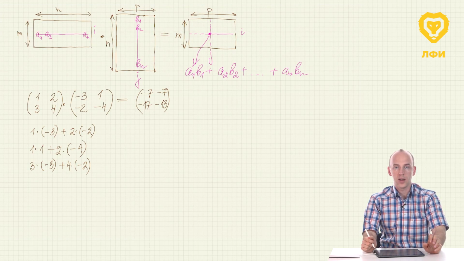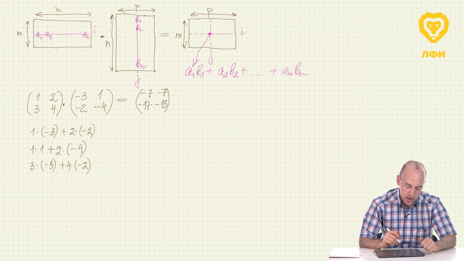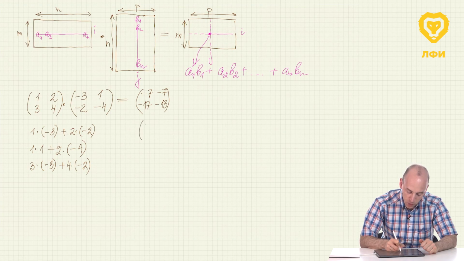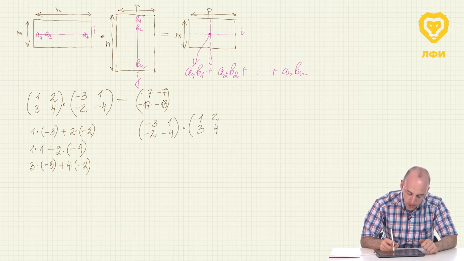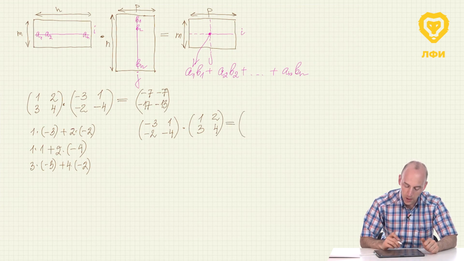By the way, now let's see what happens if we multiply the same matrices but in inverse order. So let us rewrite them once again: -3, 1, -2, -4, times 1, 2, 3, 4. And let's calculate the product as well.